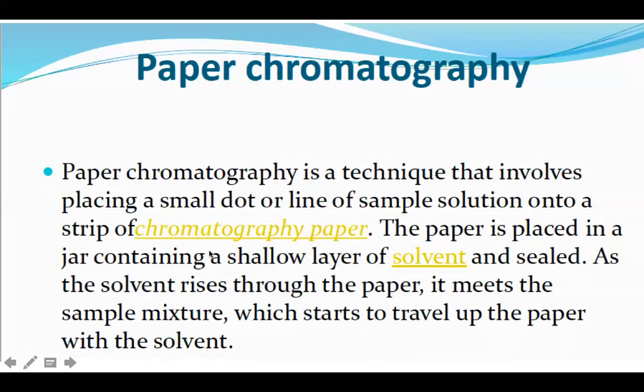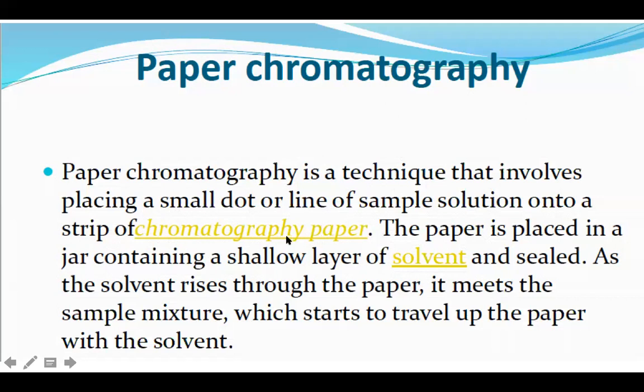The simplest and most popular chromatography is paper chromatography, which is a technique that involves placing a small dot or line of sample solution onto a strip of chromatography paper.